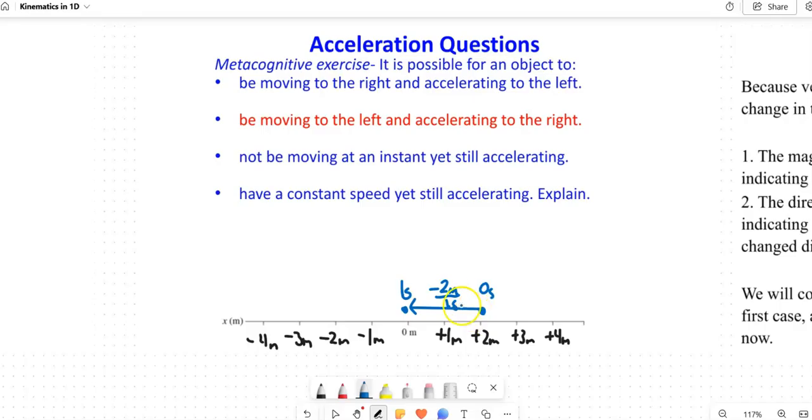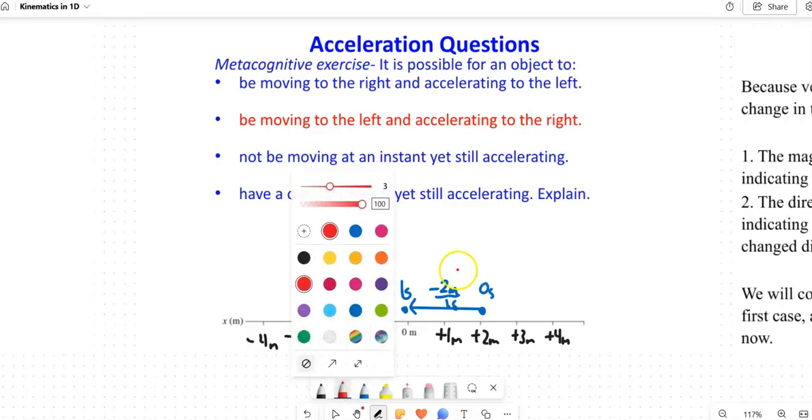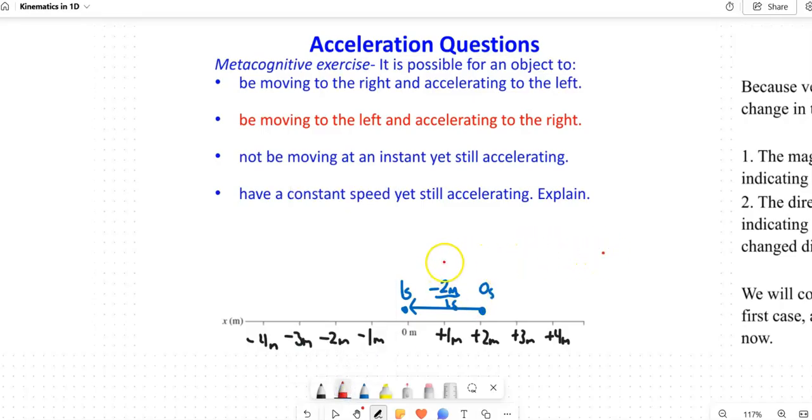So it is possible for you to be moving to the left, yet your acceleration vector is pointed to the right. You're moving to the left at -2 meters per second, and let's call the acceleration +1 meter per second over the period of 1 second.